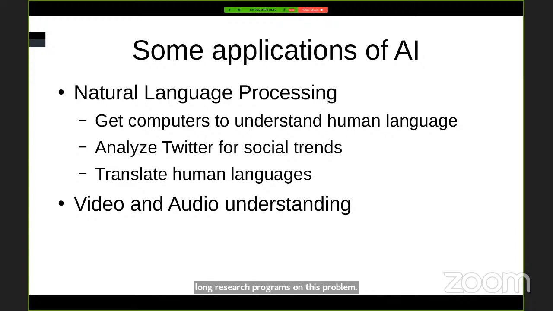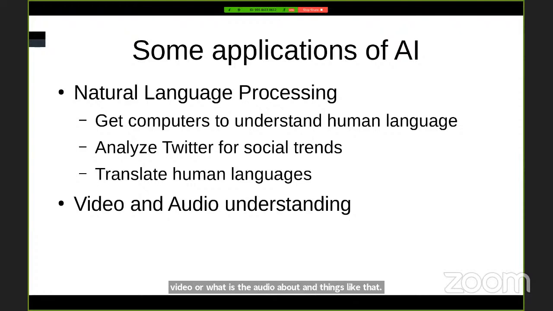More recently, we have professors who analyze Twitter for social trends. We have professors who are translating between human languages. We have professors who have moved on from text, that is natural language processing and speech, to video and audio understanding as well. Like what is happening in a video, or what is the audio about, and things like that.